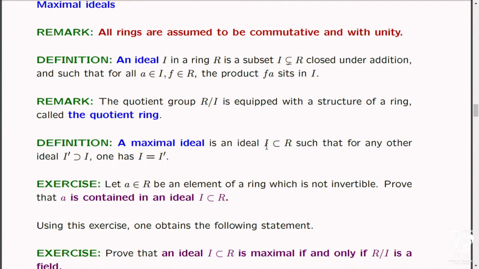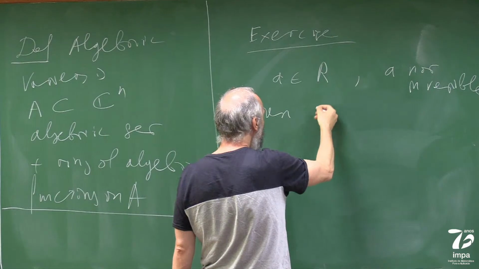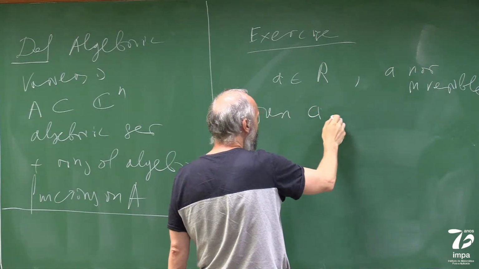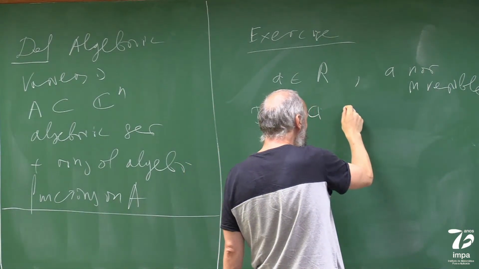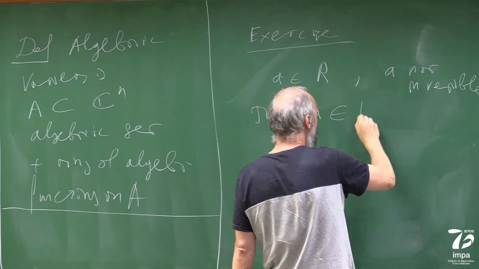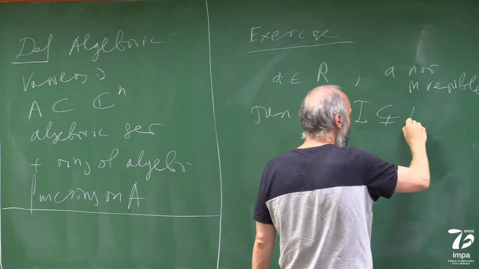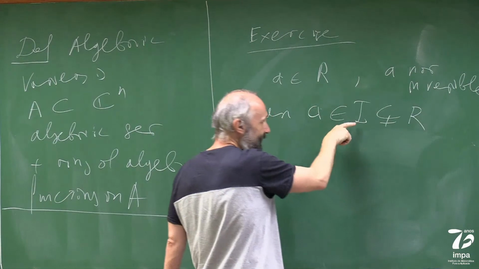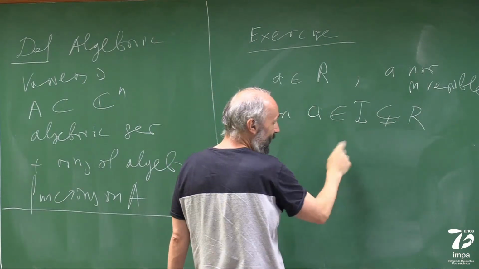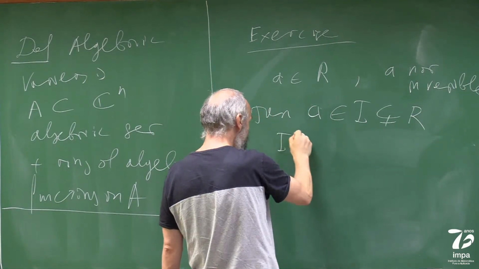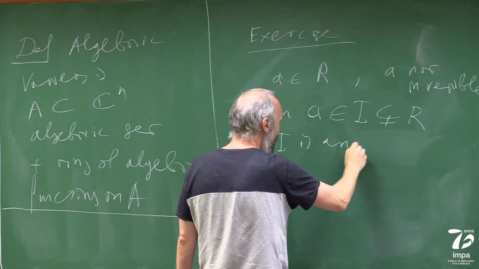Then A is contained in an ideal. So we always have these ideals. They are not equal to R. Our I is an ideal.